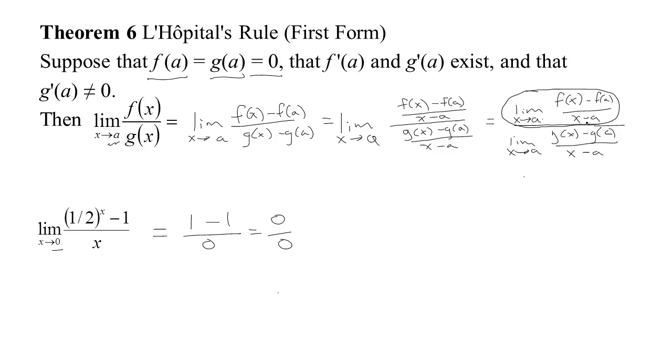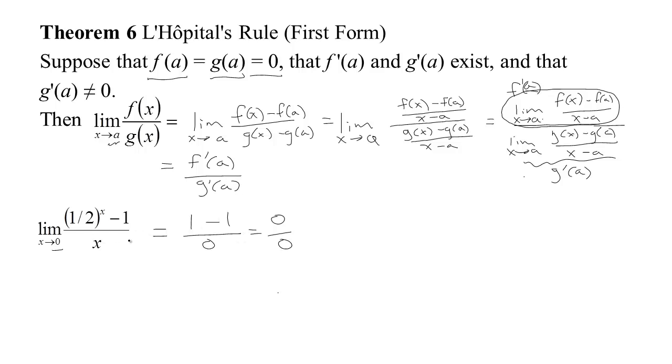We have the change in f over the change in x, and we're making those changes infinitesimally small. So this is f prime at a here, and down below this is the definition of the derivative of g at a. This is g prime of a. So we can see that if the functions in the numerator and the denominator are both going to 0 and they both have a derivative at that value a that we're approaching, then you could trade this limit in. The value of the limit is just going to be f prime at a divided by g prime at a.